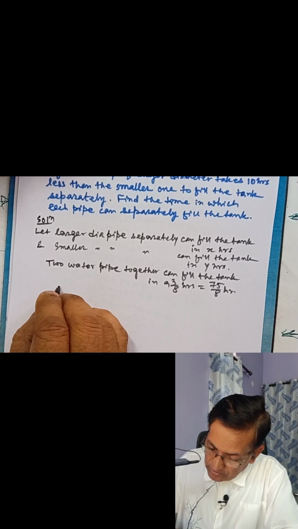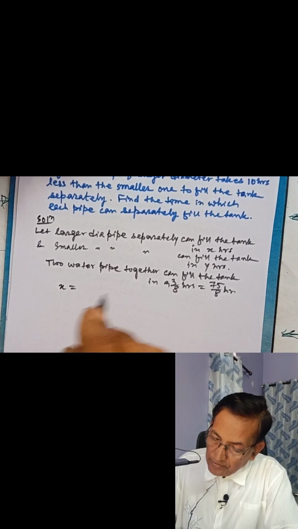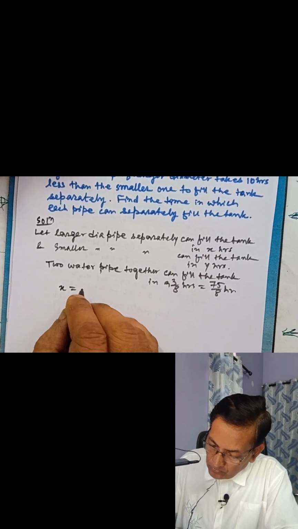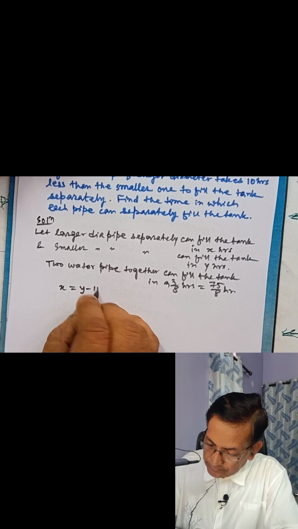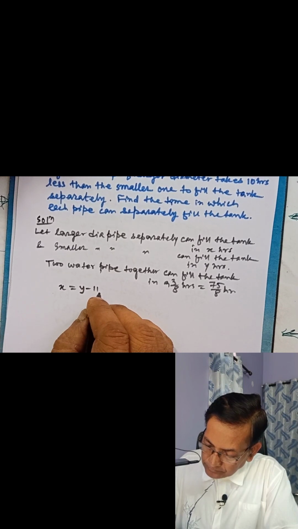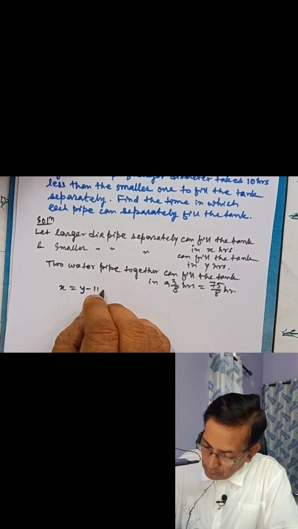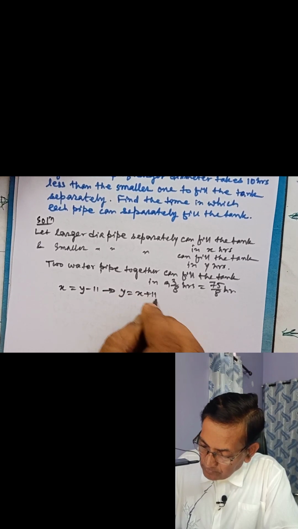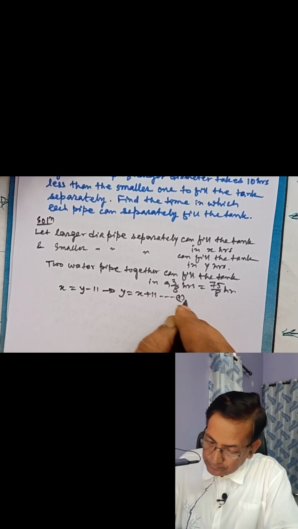So we can write x is equal to y minus 10, or y is equal to x plus 10. This is equation number 1.